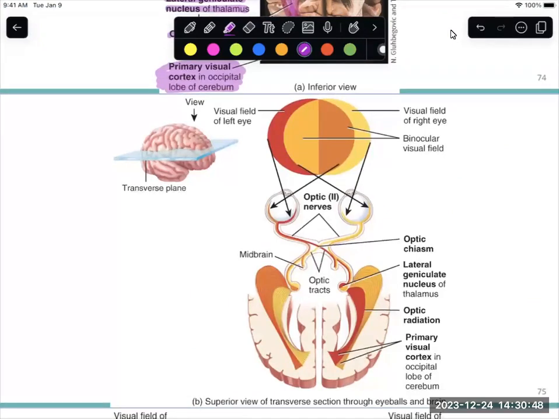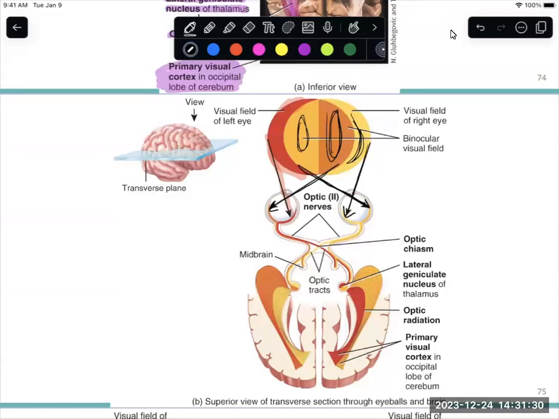So if you follow the colors, like this dark red, this outside of this left is actually going to the medial part of that left eye. This middle, this over here, is actually going to the outside of that left eye, while this kind of dark yellow goes to the outside of the right eye, and this outer area of that field is going to the inside of that right eye.